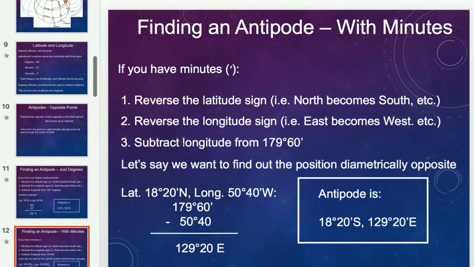Now, if you have minutes, for instance, you have 18 degrees, 20 minutes north, and your longitudinal coordinates are 50 degrees and 40 minutes west.